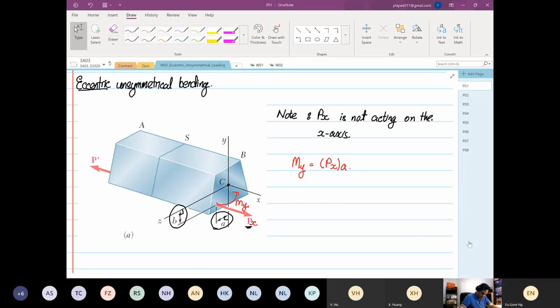And then we will have the moment about the z-axis. The moment about the z-axis is equal to Px multiplied by B. So we are going to generate a moment in this direction, right?